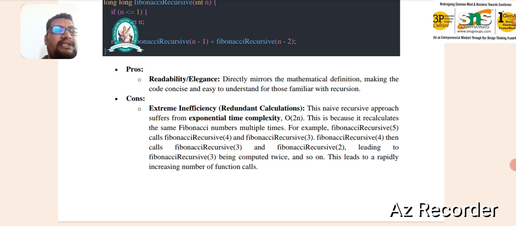This is because it recalculates the same Fibonacci numbers multiple times. For example, Fibonacci of 5 calls Fibonacci of 4 and 3, and then 4 again calls 3 and 2, leading to computing each number multiple times. This is a major drawback in time complexity.